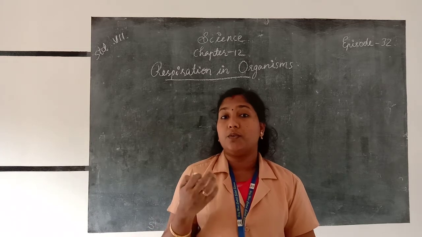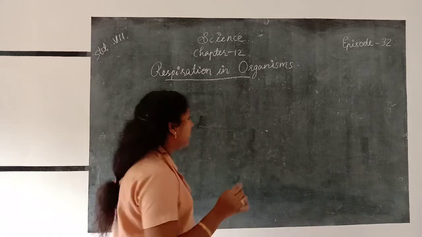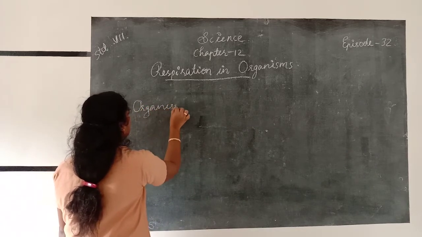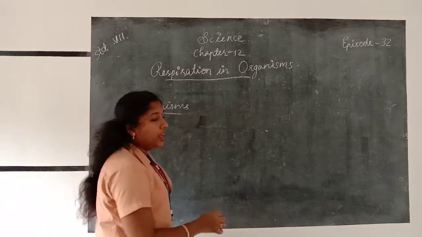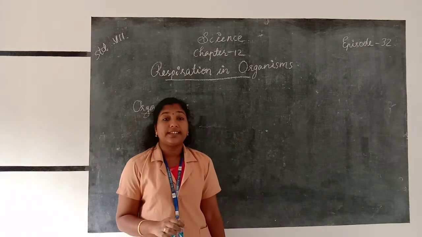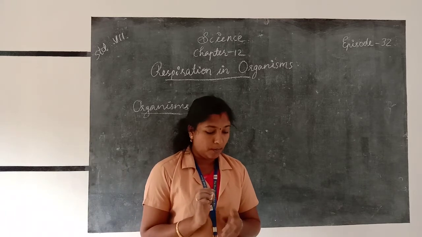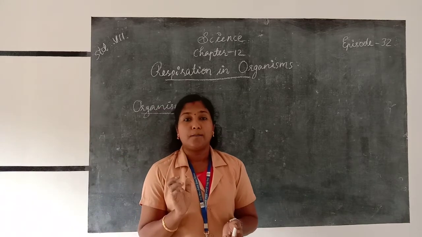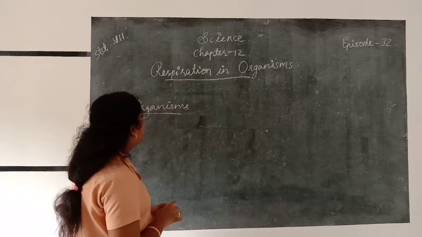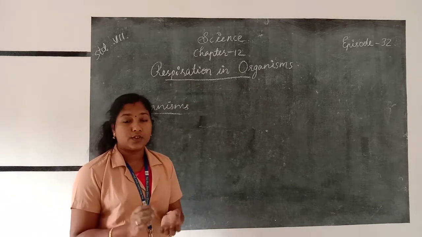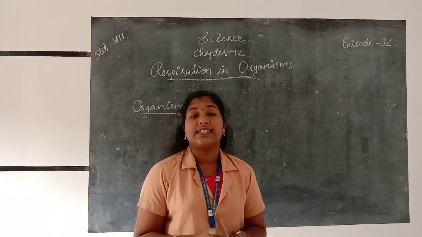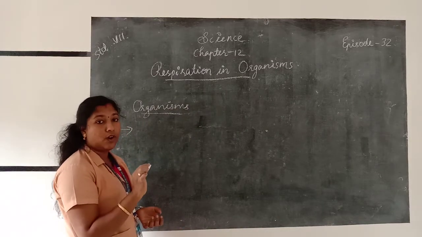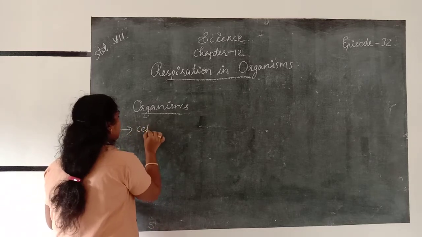And also we know that in the previous chapter we already learned about organisms. All organisms are made of small microscopic units called cells.